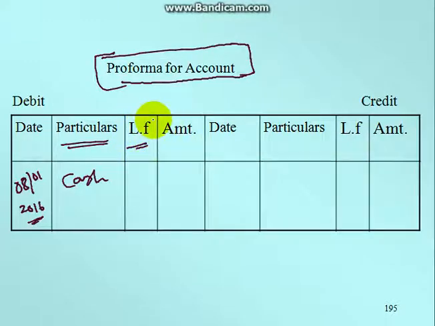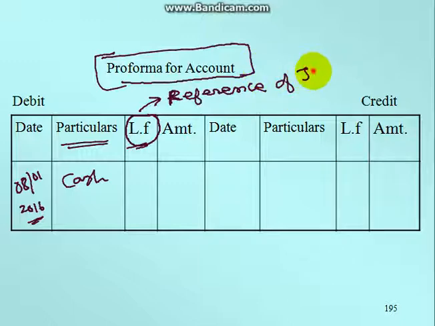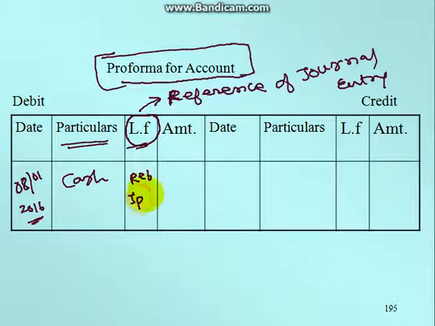LF is showing the source, the reference of the journal entry from where this entry came. So you can write a reference, for example JP/1. You can have your own reference system. Here the amount is to be given, say $50.